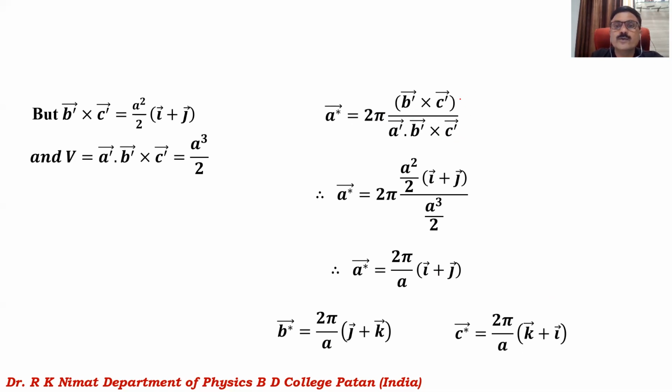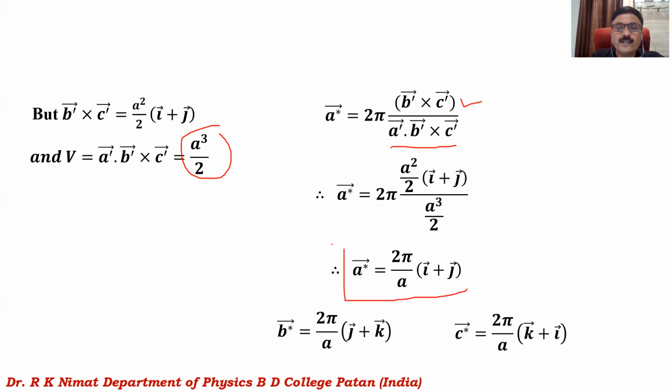We know the value of vector b dash cross c dash, which is a square by 2 into (unit vector i plus unit vector j), divided by the value we also calculated, vector a dash dot b dash cross c dash, which is a cube divided by 2. If you simplify this, you will get 2 pi by a into (unit vector i plus unit vector j).